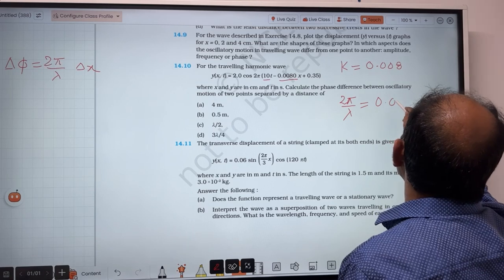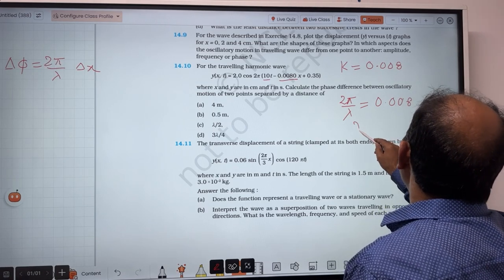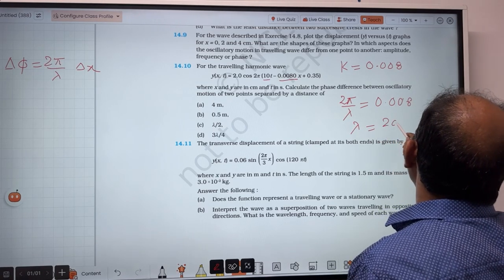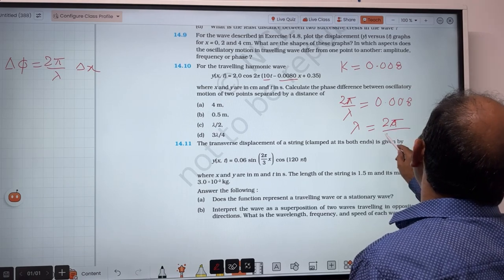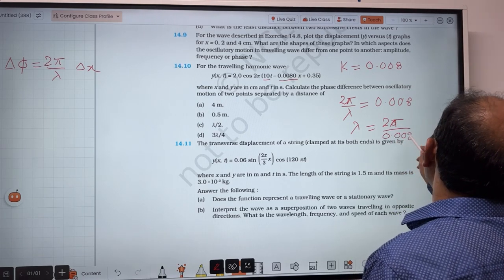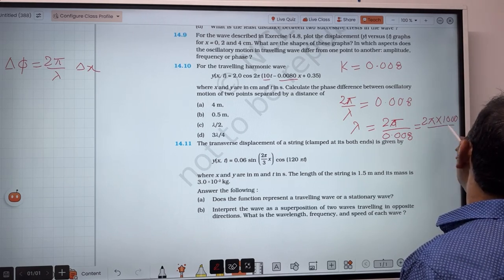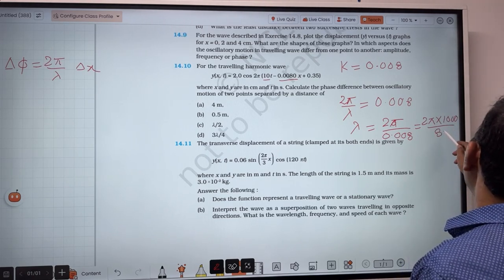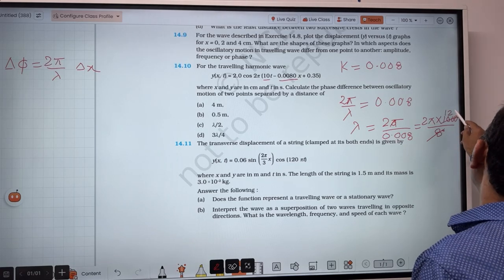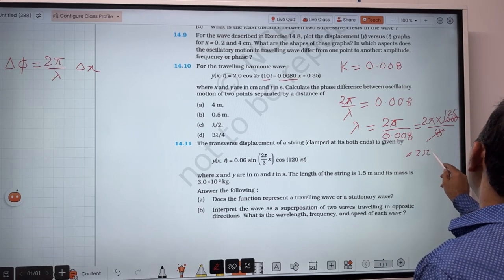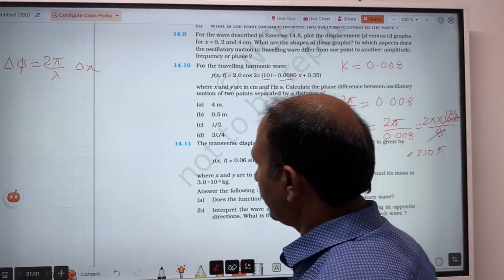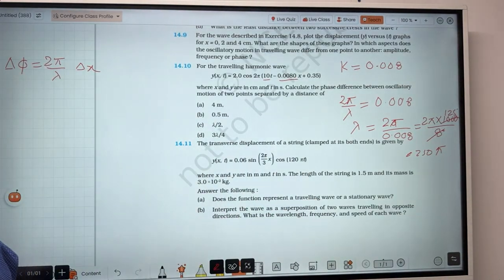So 2π by lambda is 0.008, or lambda equal to 2π divided by 0.008, or 2π multiplied by 1000 divided by 8, which can be further simplified, 8 times 125, so that is 250π, right? So we have got the value of lambda, correct?